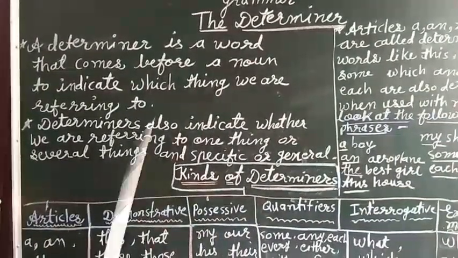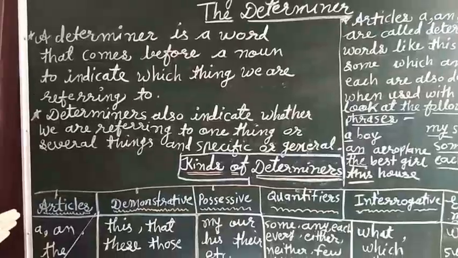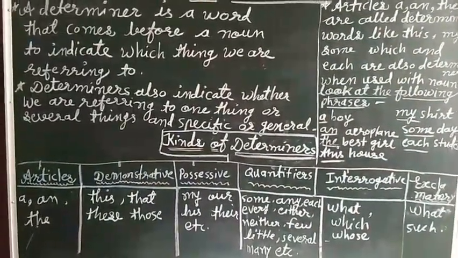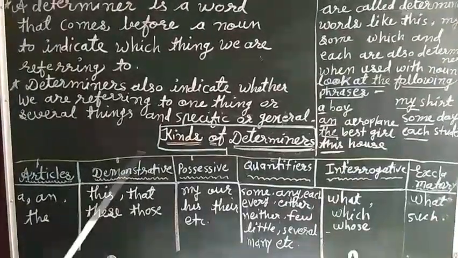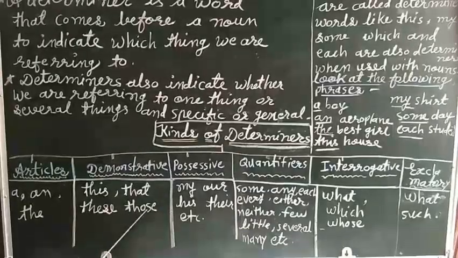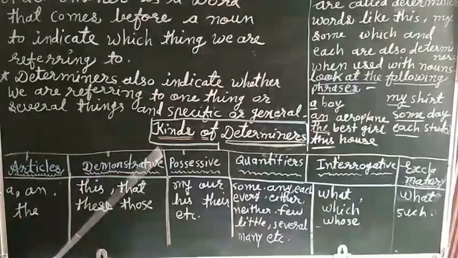Kinds of determiners. Articles: a and the. Demonstrative determiners: this, that, these, those.